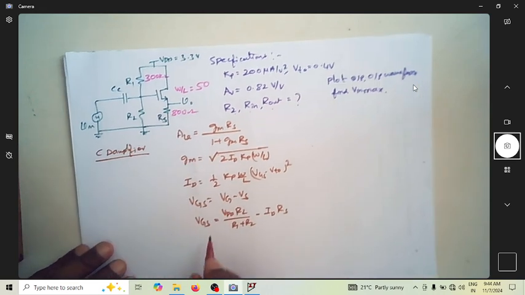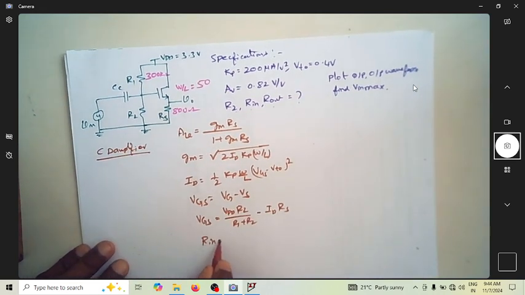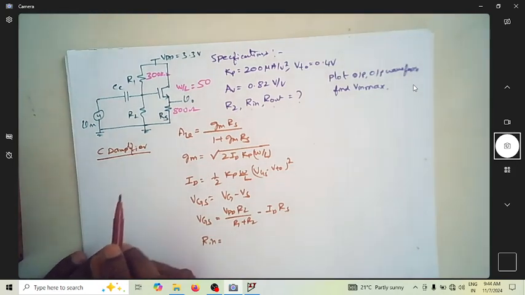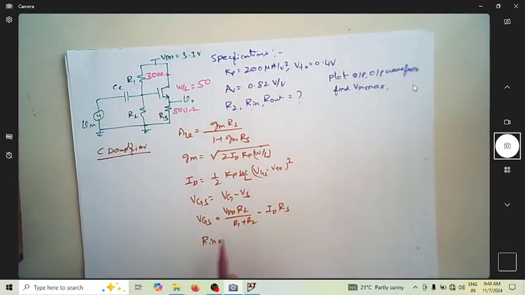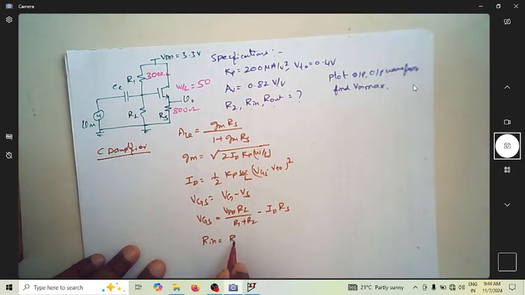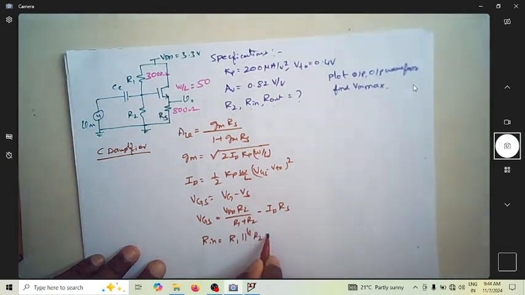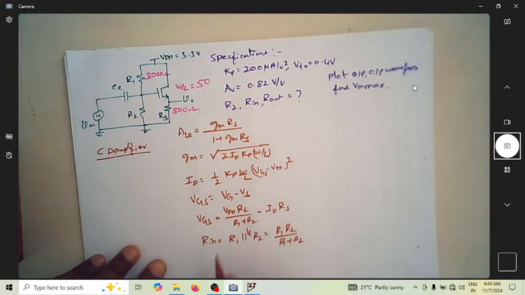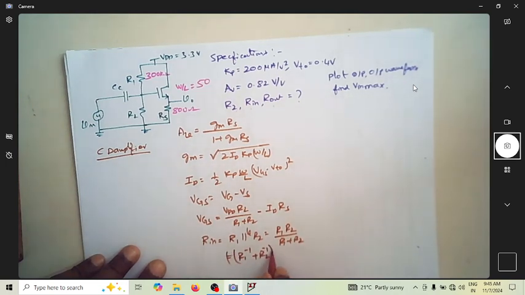And of course, we also know the Rin, the input impedance of this amplifier. Let us write the expression. Maybe during the process, we will also write the small signal model and try to understand what is Rin and all those things. It is R1 parallel to R2, which is nothing but R1 R2 by R1 plus R2, or we can write it as R1 inverse plus R2 inverse, and it is full inverse.